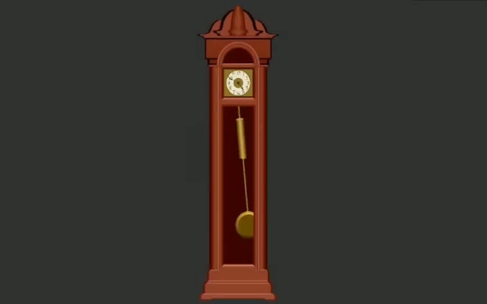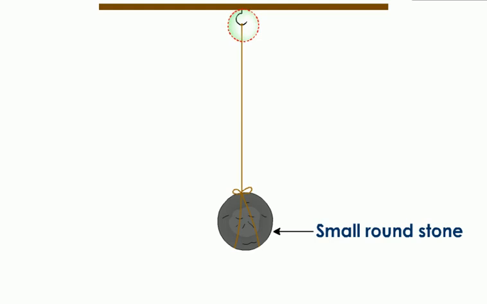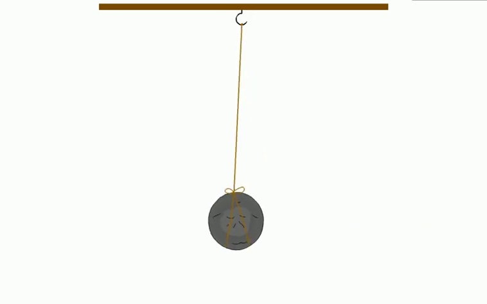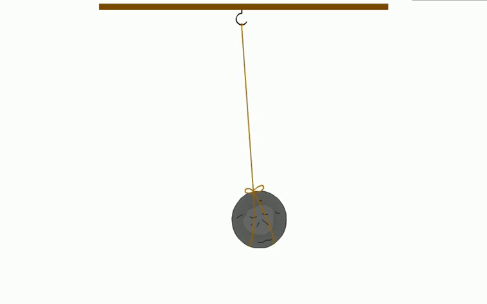Students, let us look at an activity. Tie a small round stone to one end of a string and tie the other end of the thread to a hook fixed on the wall. The stone will hang freely. Now let it come to rest.